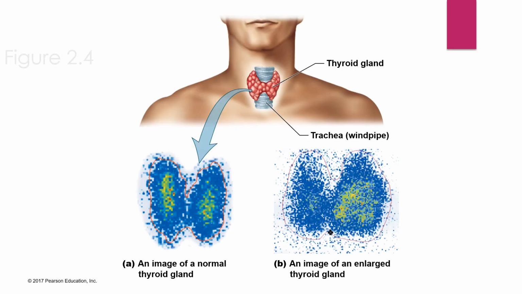And you can get an idea. This would be a normal thyroid gland, and they would have administered radioactive iodine and looked at its uptake. And this one is an enlarged thyroid gland. So it can be used for various diagnostic procedures.